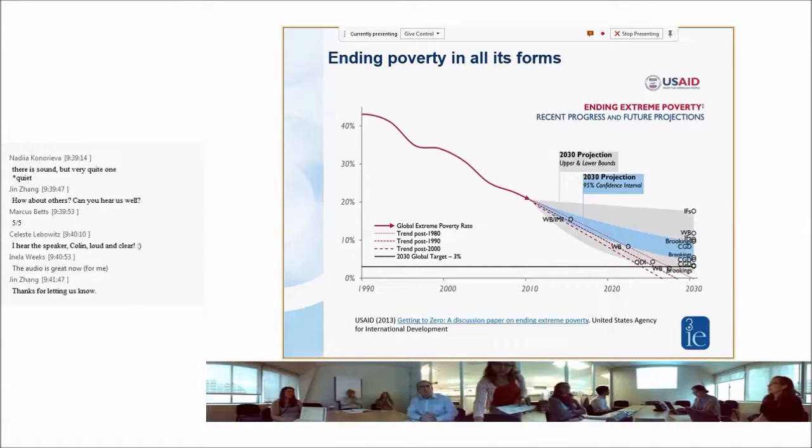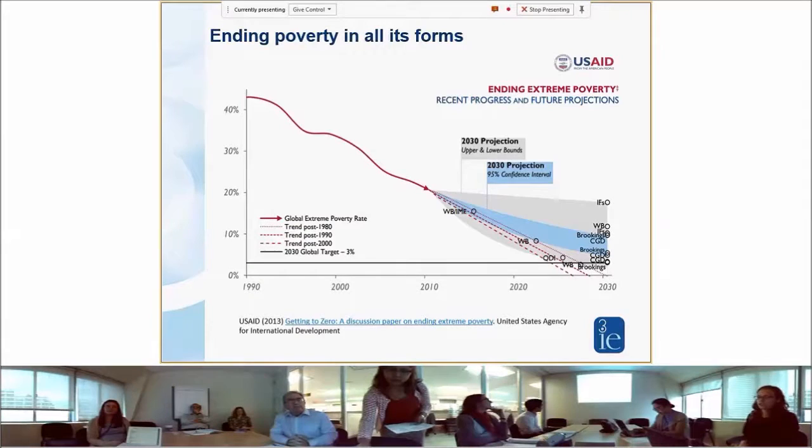Because part of their programming is to try and help end poverty by 2030, something that it looks like is going to also become the first sustainable development goal. And so they wanted to get a better sense of what we already know about what works to help achieve this goal, and maybe where some more strategic research commissioning should be happening.